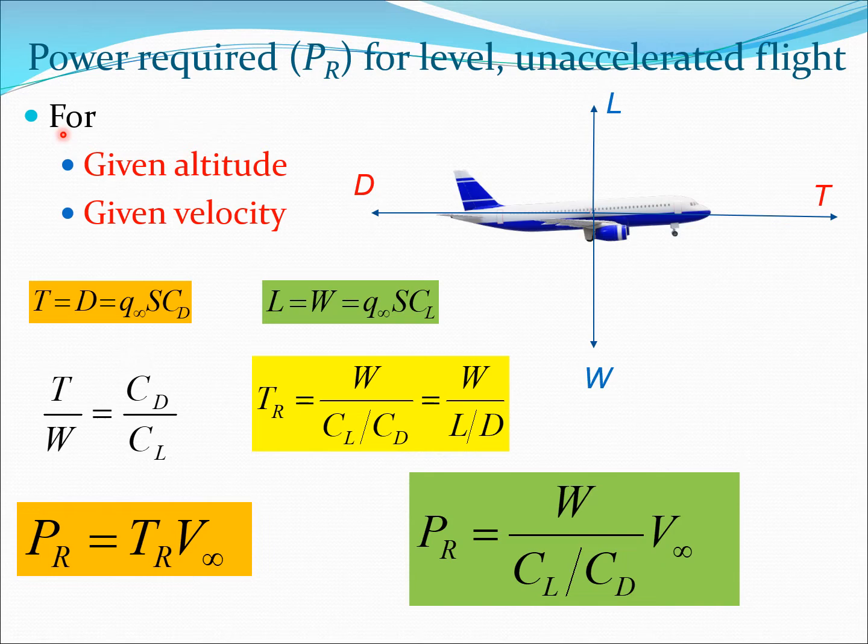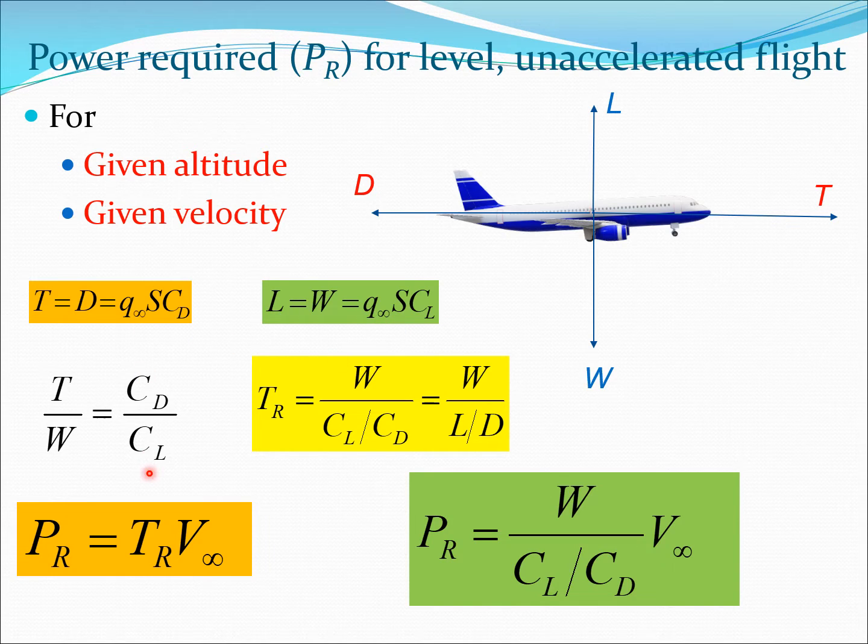So let's consider a situation when the altitude is fixed, so essentially density gets fixed, and velocity is also fixed, so V infinity gets fixed. In that condition we can write the equations of motion for the airplane as thrust equal to drag is q infinity S CD, and lift equal to weight is equal to q infinity S CL.